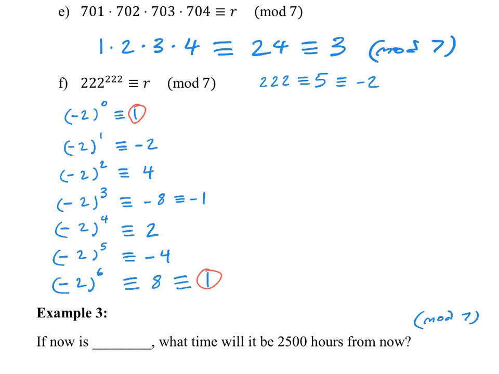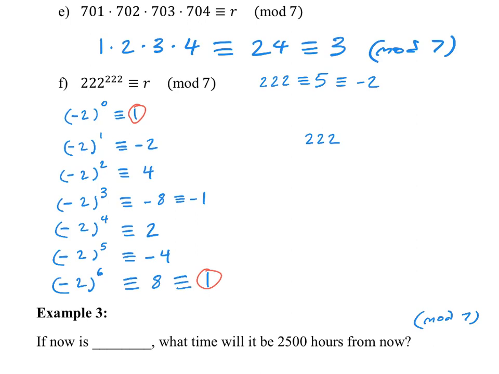So what we need to do is think about, well, what happens when we get all the way up to 222 in the power? So once we get that high, then we're interested in what happens with this loop of 6. So now what we want to do is calculate 222, the power.